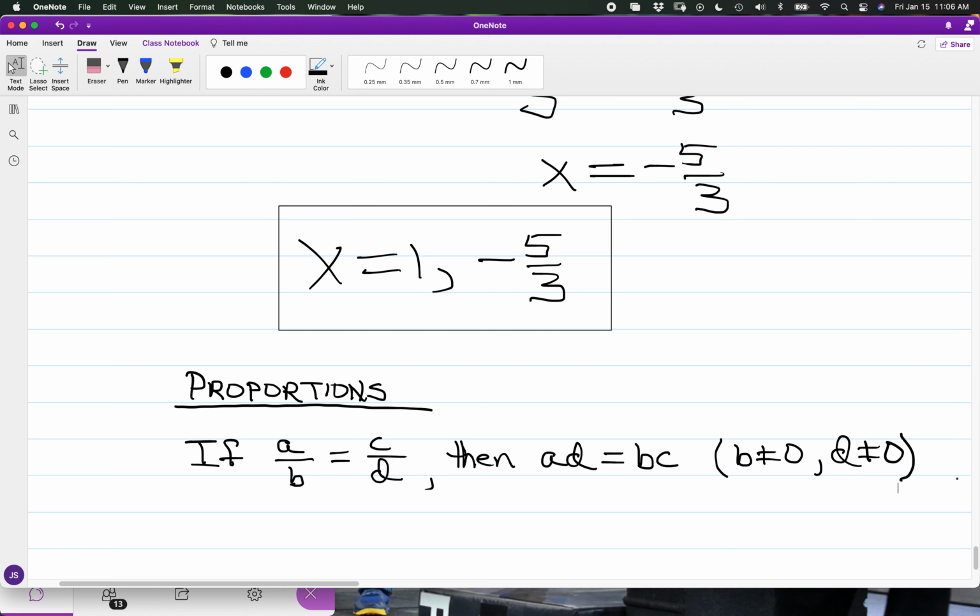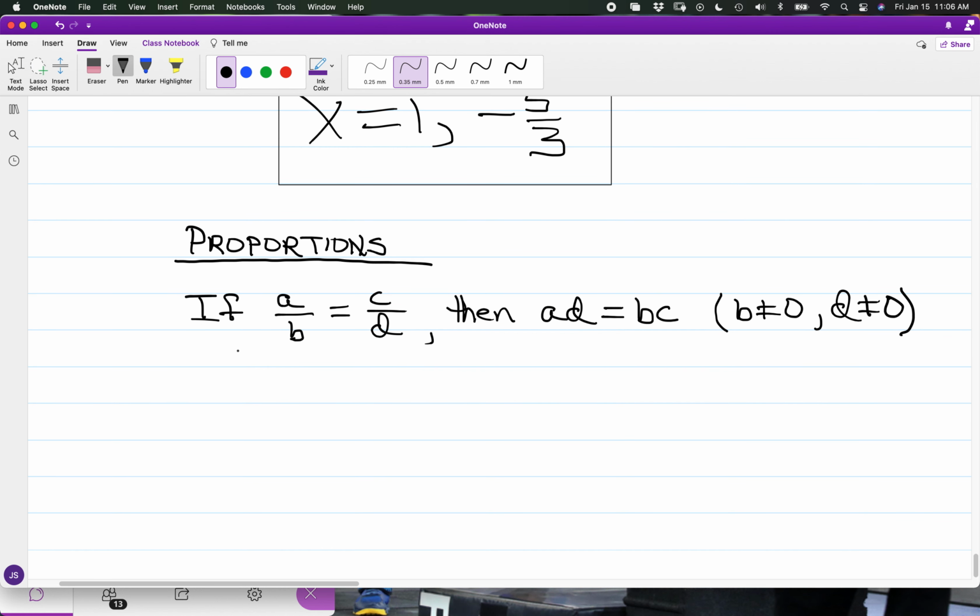Let's say we're taking what we have and solving for proportions. Okay, let's say we have just an example case, solving for x. Say we have a proportion: 2 over x plus 4 is equal to 1 over x minus 3.